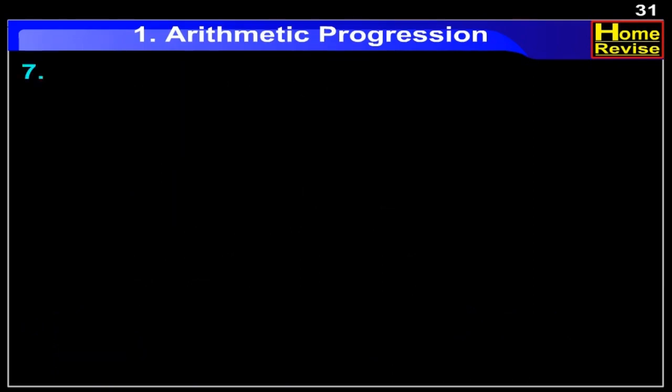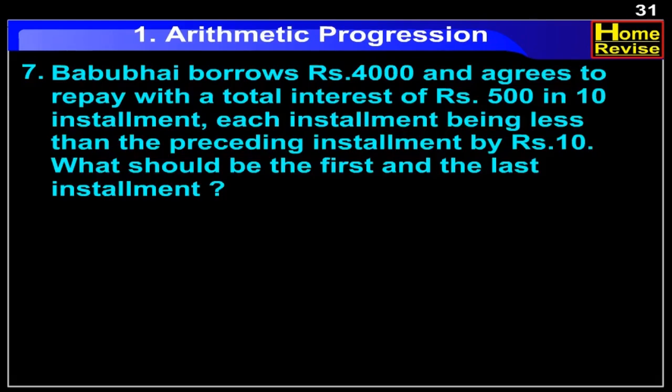Question number 7. Babu Bhai borrows rupees 4,000 and agrees to repay with a total interest of rupees 500 in 10 installments, each installment being less than the preceding installment by rupees 10.